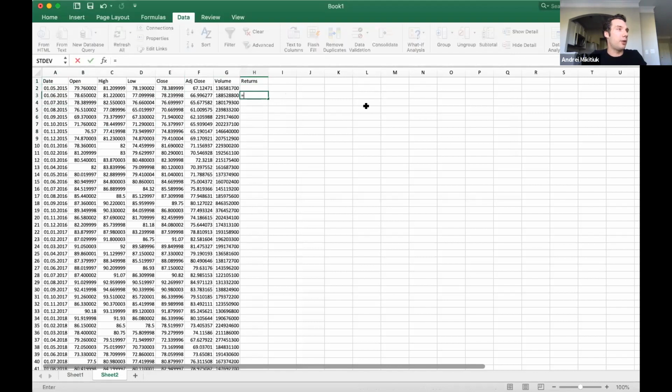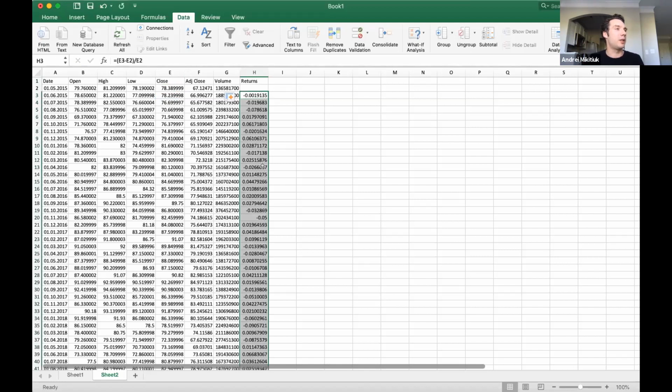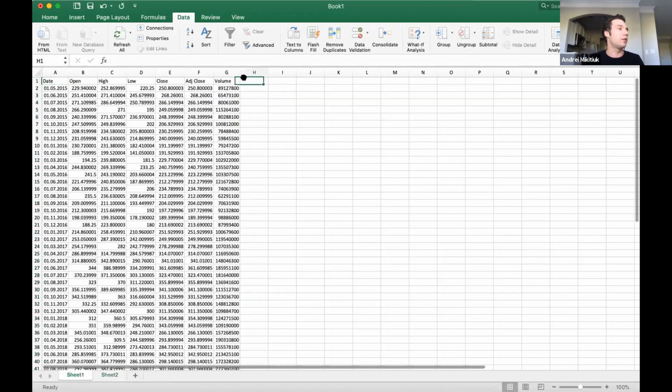Monthly return is the price for this month minus the price for the previous month, divided by the price for the previous month. So that is basically my return.